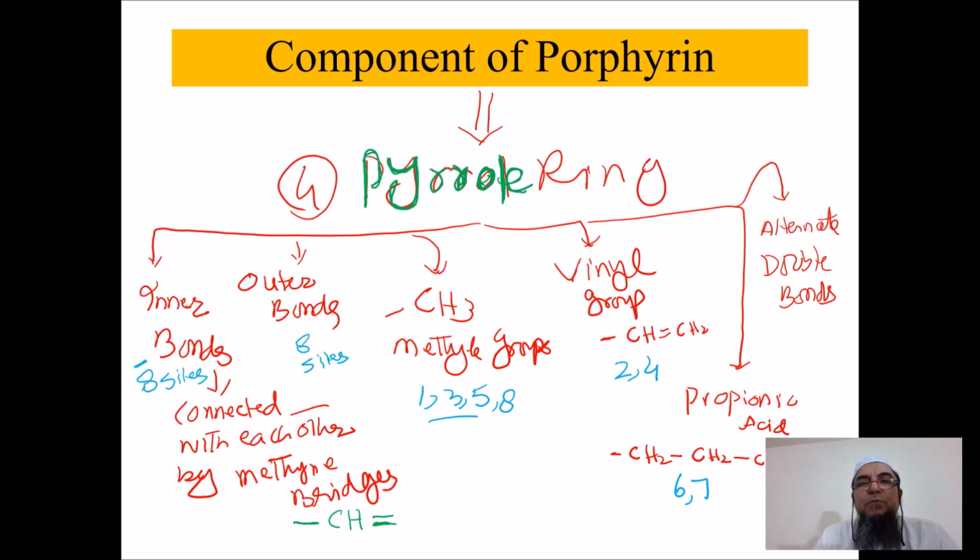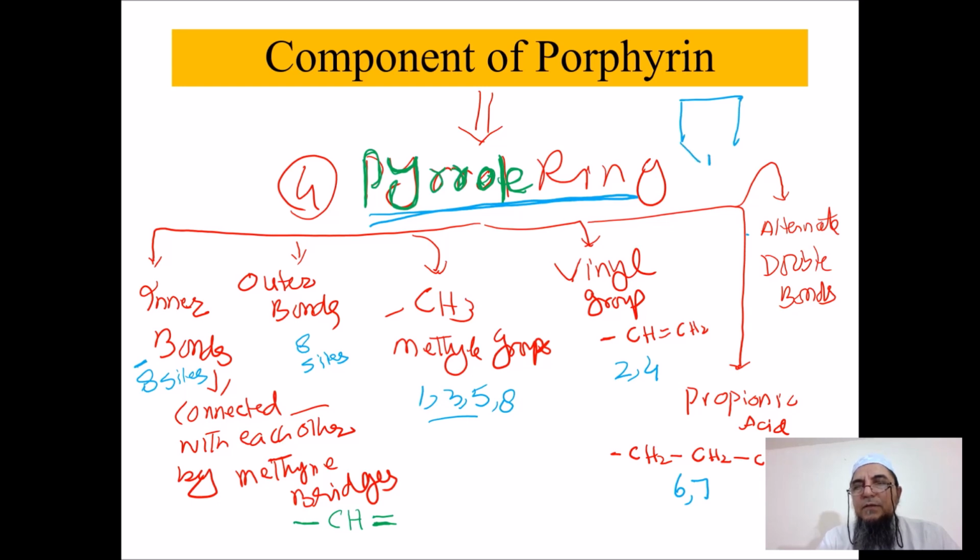Now the component of the porphyrin ring. Porphyrin ring is comprised of 4 pyrrole rings. I can make a pyrrole ring here. This is the pyrrole ring. Let me make it a little bit more clear for you. Like this.